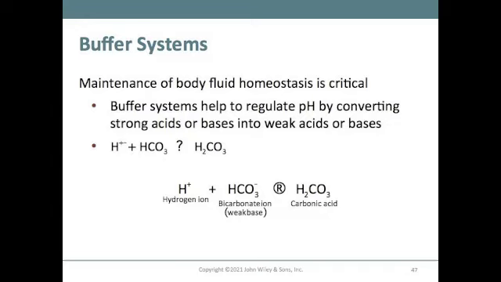There's no figure number for it. One important buffer system in the body is the carbonic acid bicarbonate buffer system. Carbonic acid can act as a weak acid, and the bicarbonate ion can act as a weak base. Hence, this buffer system can compensate for either an excess or a shortage of hydrogen ions.